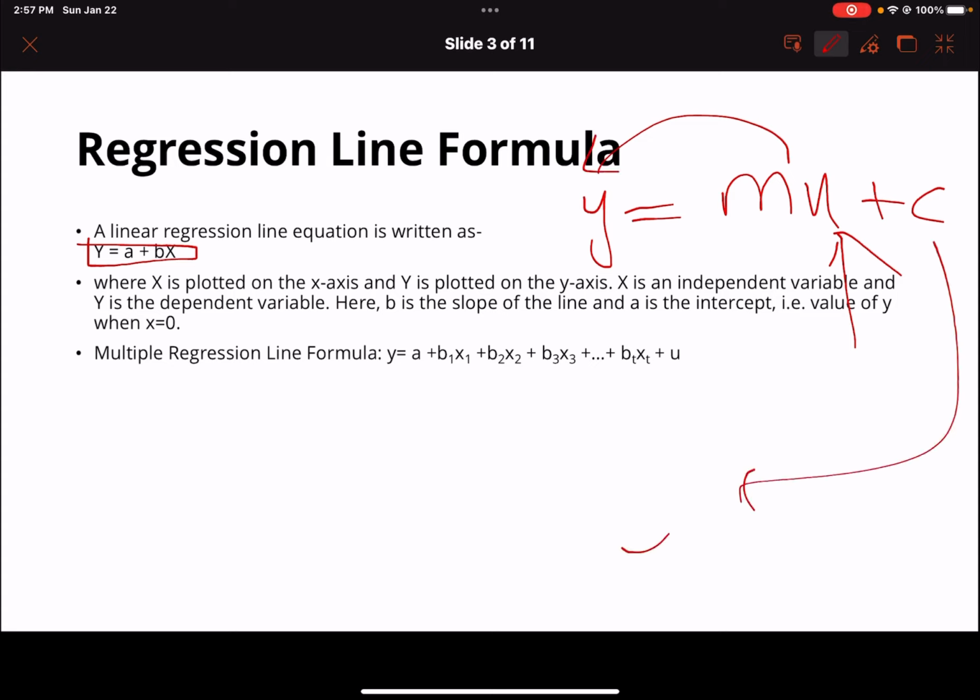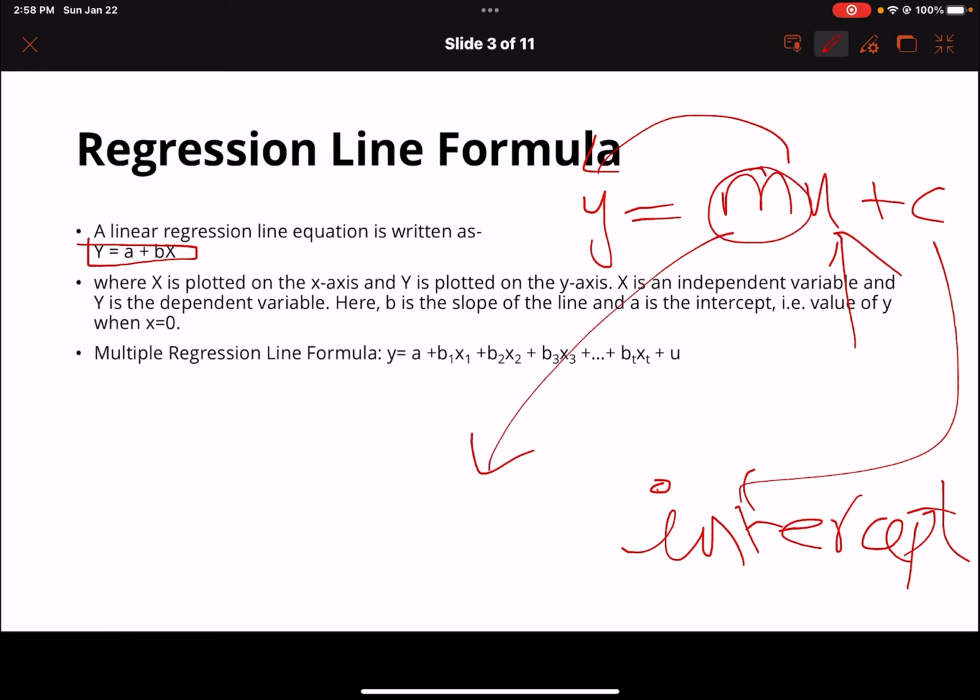C is your intercept, the point at which your y intersects when the variable x is 0, and that is the point of y. And m defines your slope. It determines the direction of your data for the best fit line. If the slope is positive, you're going upwards in the data. If the slope is negative, you're going downwards in your data to form this line. Okay.